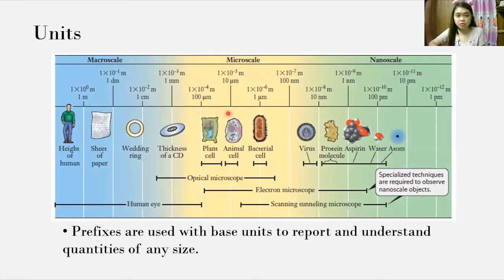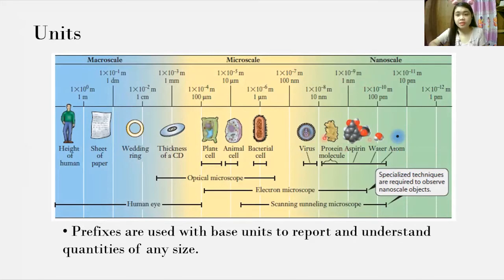For microscale, those are things that are quite not visible to our eyes, and then we will use different types of systems or devices in order for you to measure this. And usually the ranges of the unit using SI prefixes is very small. Then we have also nanoscale, which is much smaller than microscale.